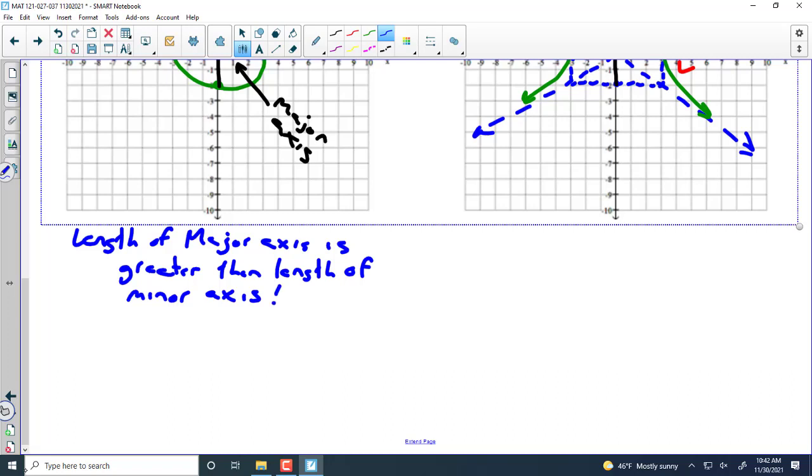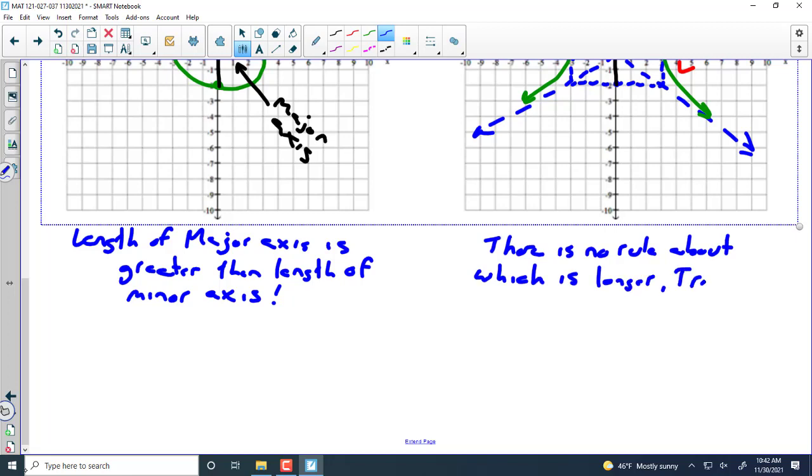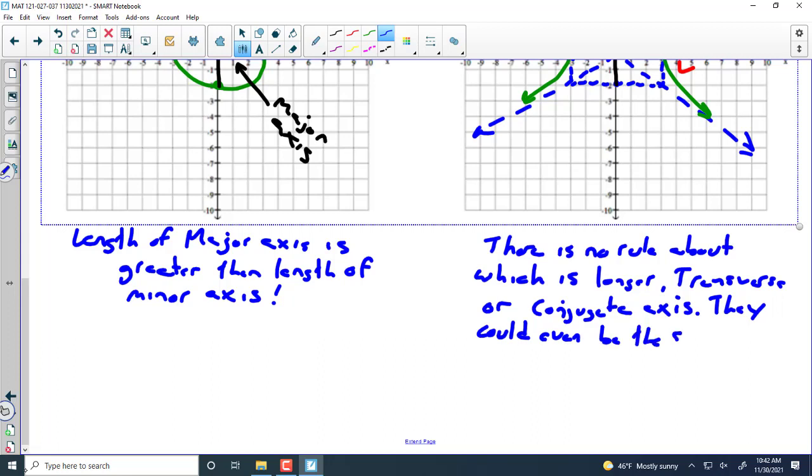But over here, there is no rule about which is longer, transverse or conjugate axis. They could even be the same length. And if you don't remember that, we'll elaborate on that in a little bit.